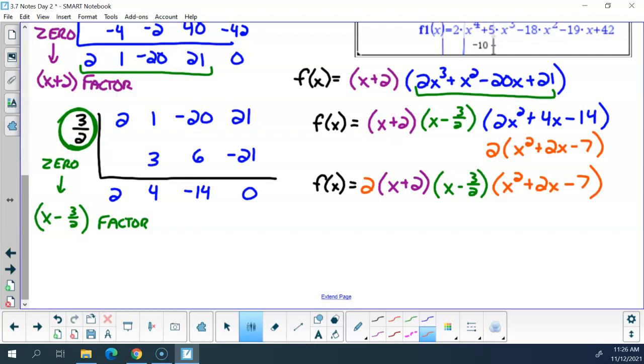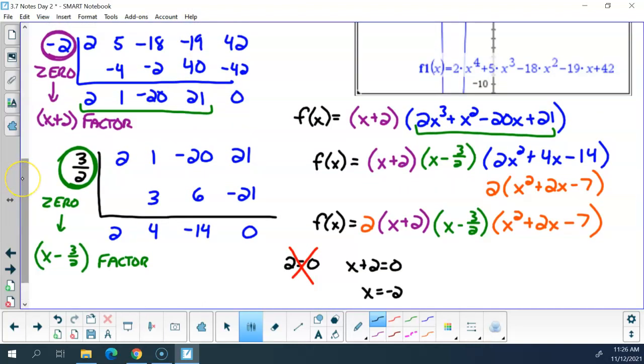Okay. Now what? Find the zeros. So I set them all equal to 0, right? Can 2 ever equal 0? X equals -2.